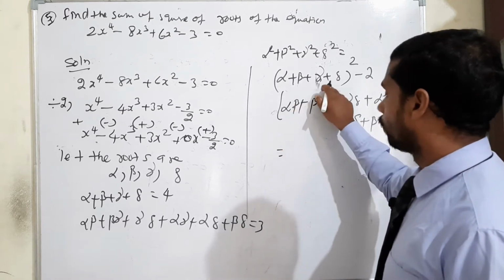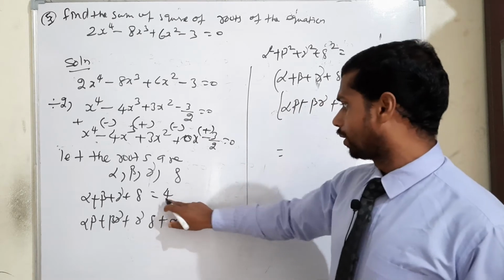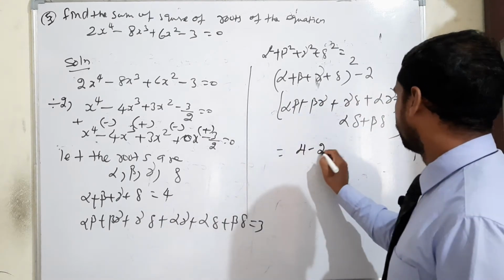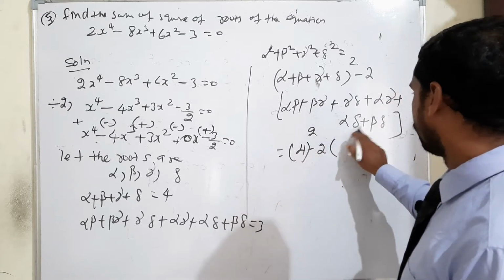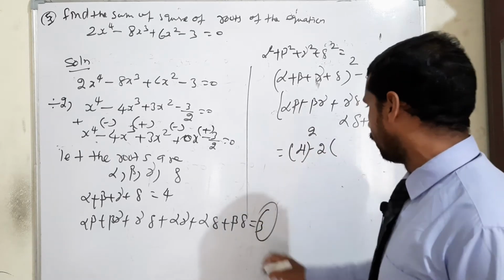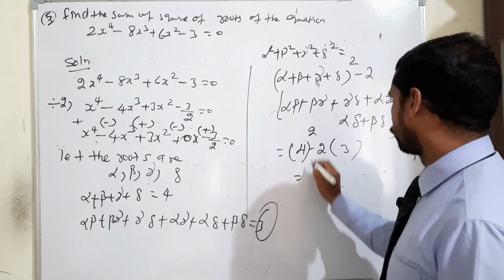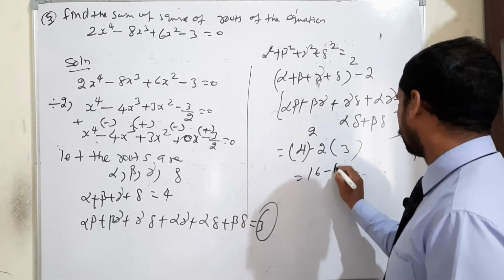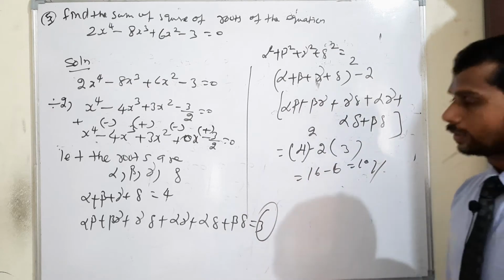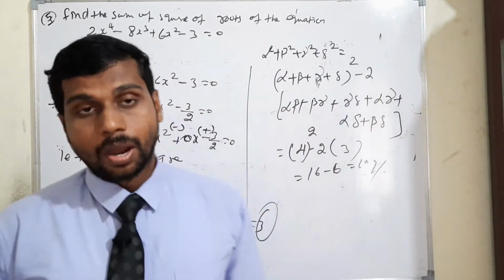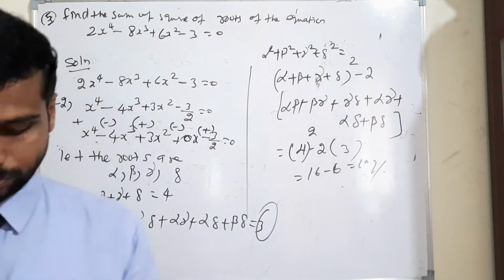We already know the sum of the roots taken one at a time is 4, so 4 the whole square minus 2 into the sum of the products of the roots taken two at a time, which is 3. Therefore 4 square means 16, minus 2 into 3 is minus 6, so the value will be positive 10. Okay, this is the answer for question number 5. I will continue with the next question.